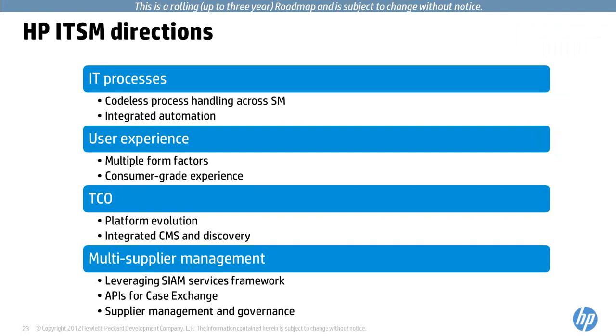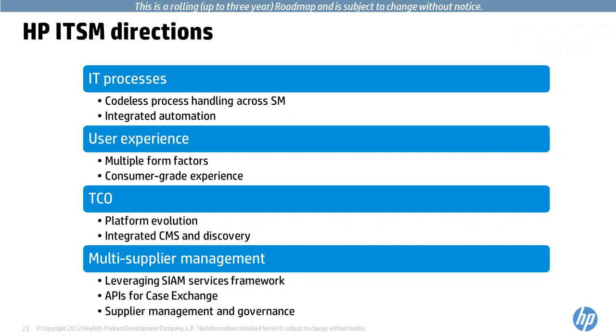And then lastly, back to the topic I introduced at the beginning, which is multi-supplier management. This is an area where we're putting some focus now, and we're working with our professional services organization that has defined a services framework that is called SIAM, that is essentially the framework to manage multi-suppliers or to integrate multi-suppliers.